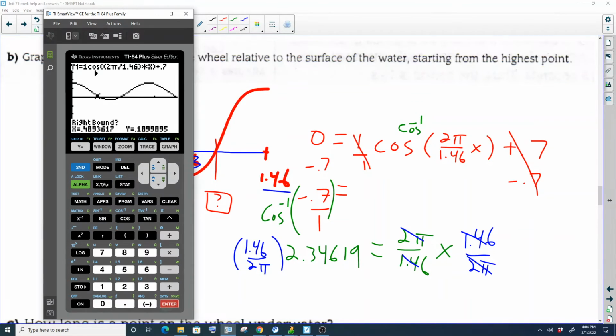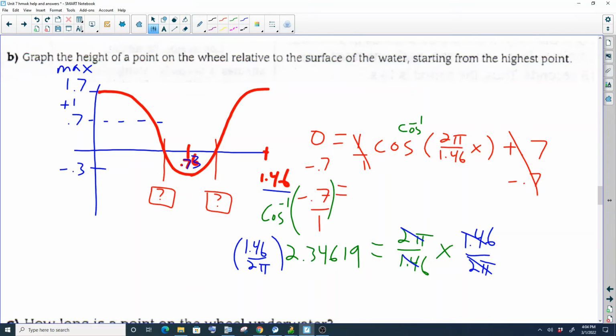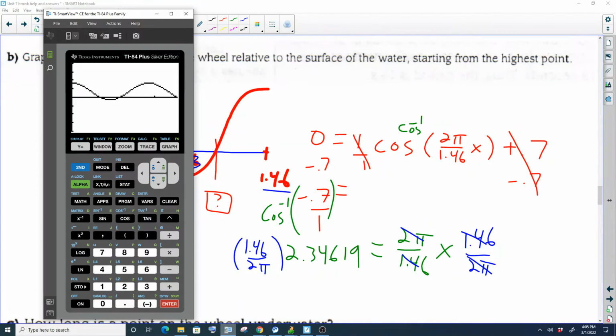So left bound, enter. I'm going to go right below that point, enter. And then I'm going to go back to the guess, push enter. And so when we push enter, it is 0.545. So that's when it starts underwater. Now we're going to push trace, and go where it finishes being underwater.